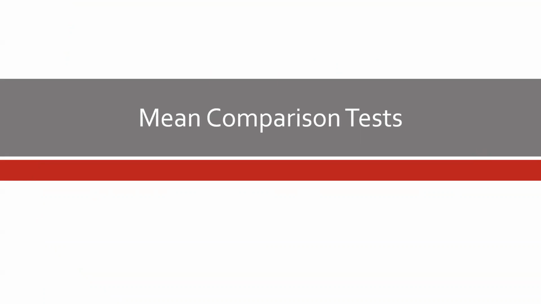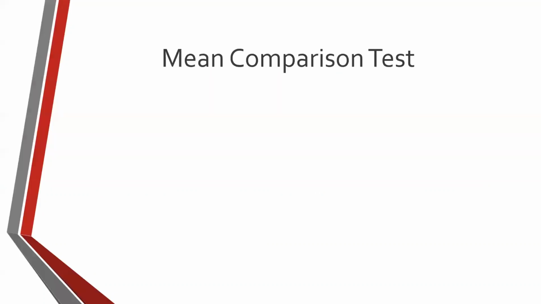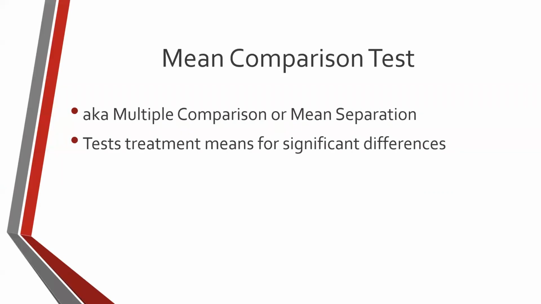So our next step is to run a mean comparison test. Also, they can be known as a multiple comparison test or a mean separation test. These compare your treatment means to determine what differences are significant.